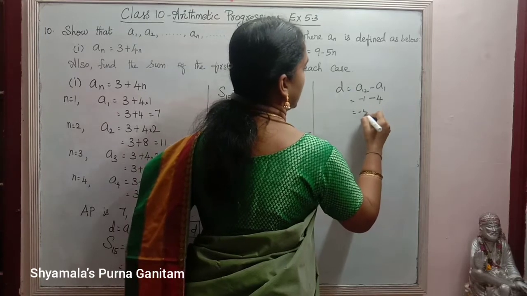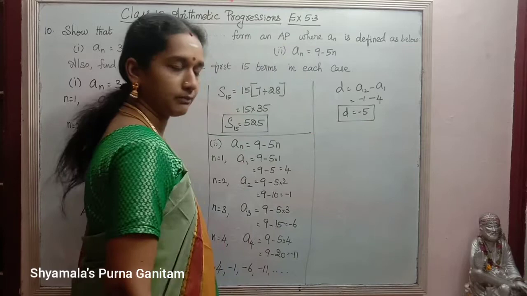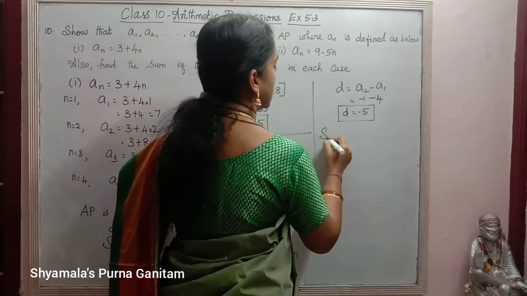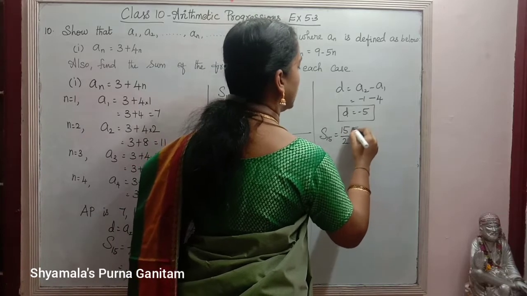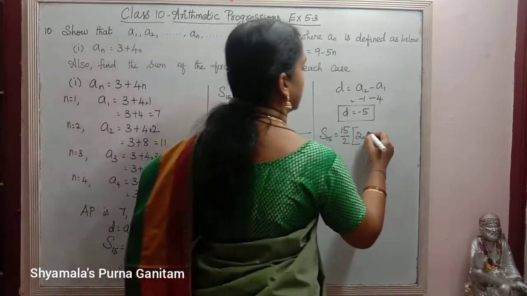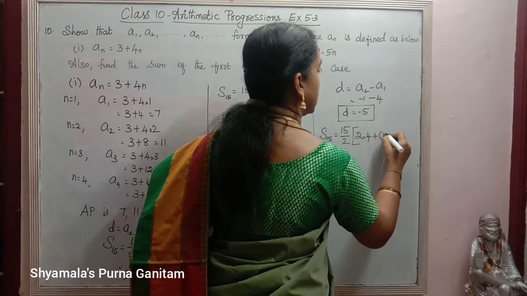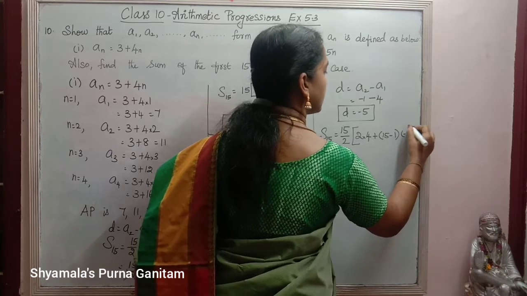So that is equal to minus 5. So D is minus 5. So now we will find S15. So S15 is n by 2 into 2A. 2 into A value is given as 4, plus n minus 1, that is 15 minus 1, into D, which is minus 5.